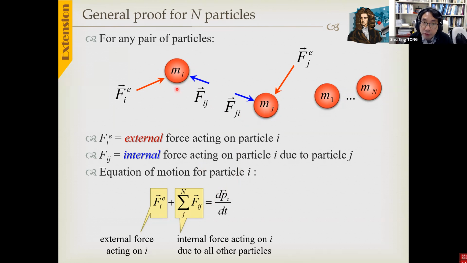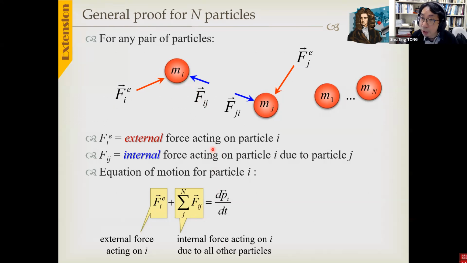Now, if I ask, what is the total force acting on particle I? The total force may include the external force, that is Fie, and it also must include all the internal forces acting on particle I. So we have Fij, but J can be any other particle, right?